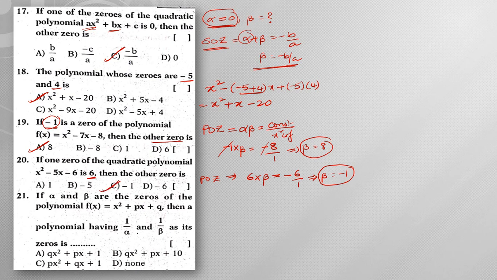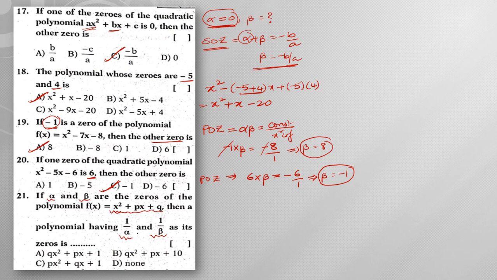Next, if alpha, beta are the zeros of the polynomial x square plus px plus q, then a polynomial having the zeros 1 by alpha, 1 by beta. Whenever the zeros are replaced with their reciprocals, what you can simply do is exchange the coefficients of x square and the constant.